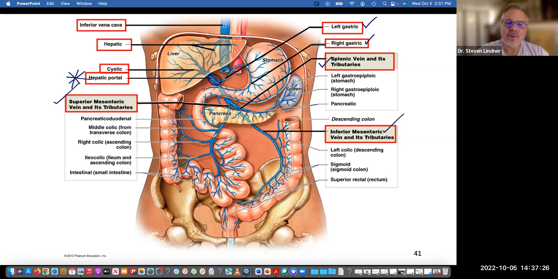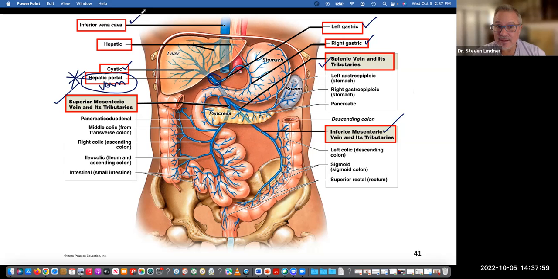So you're getting all this deoxygenated blood from the small intestine, the colon, the spleen, the stomach, even from the gallbladder, right here, the cystic, and it's going to go into the hepatic portal vein. Now you see it didn't bring all of the blood into the inferior vena cava, right?